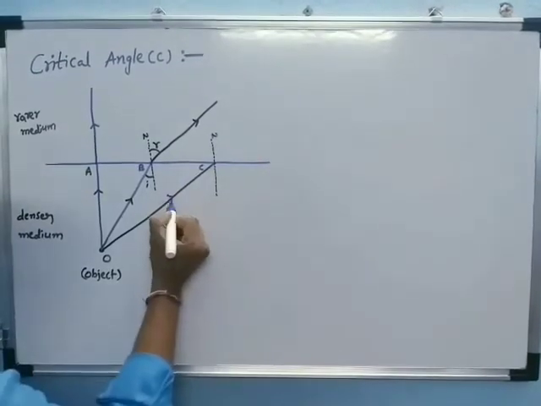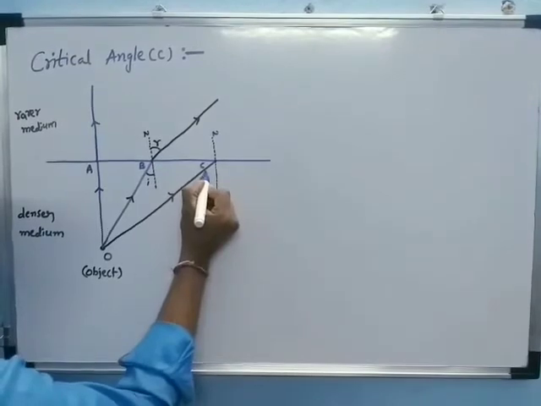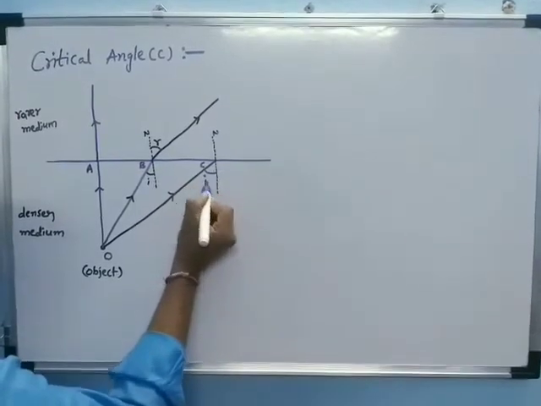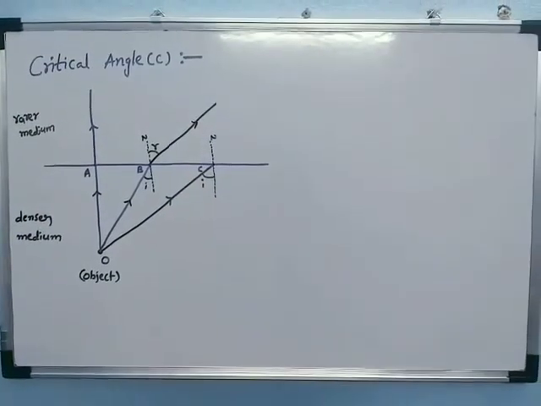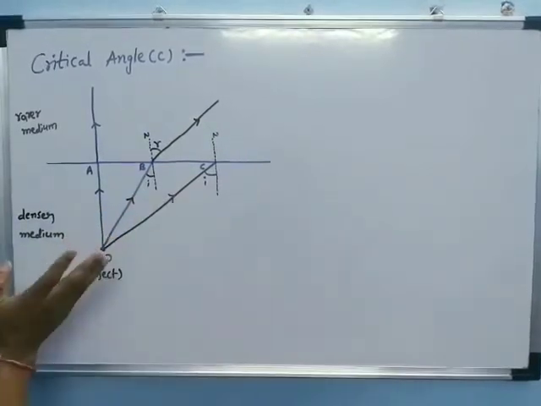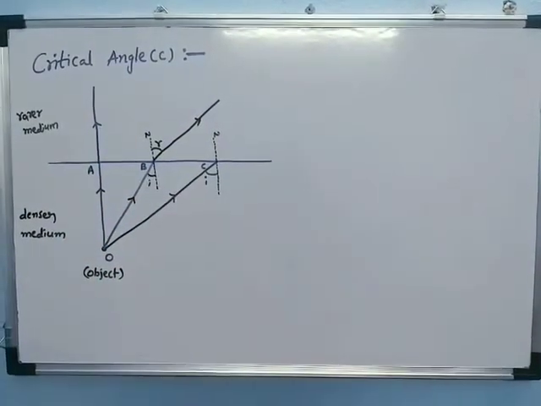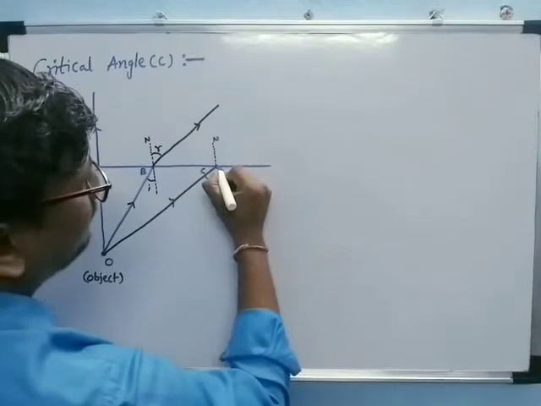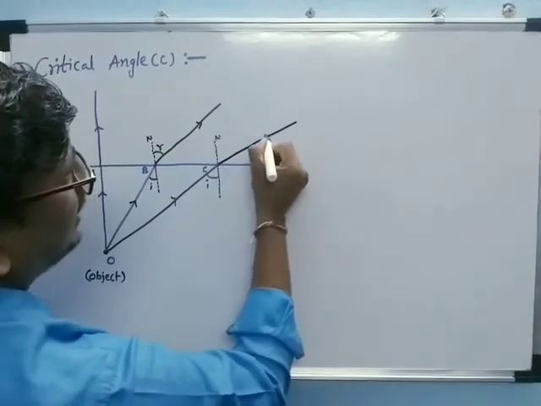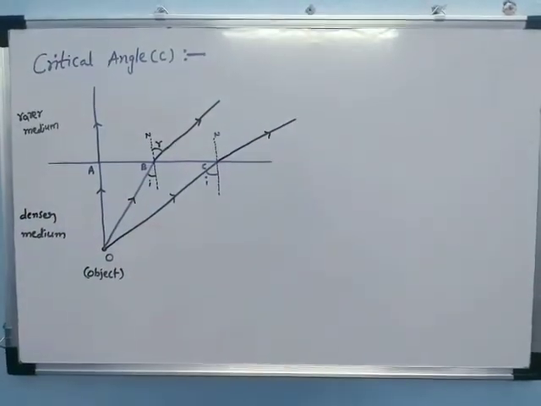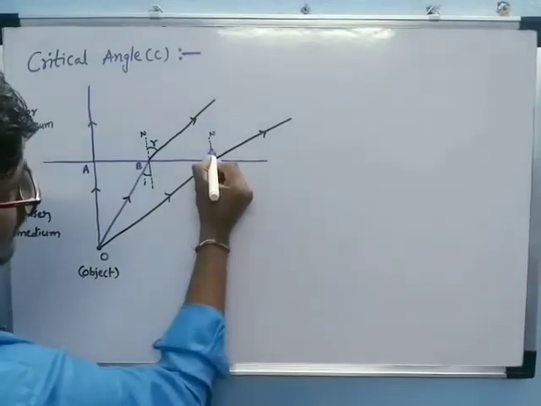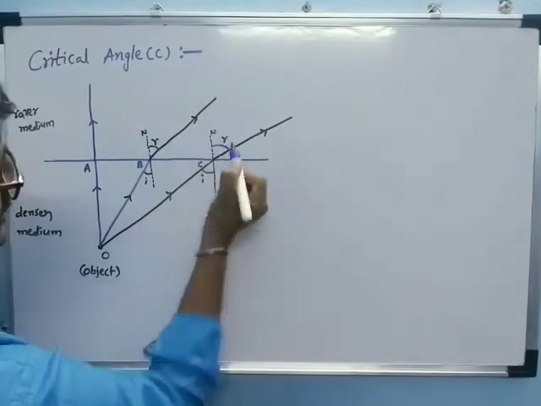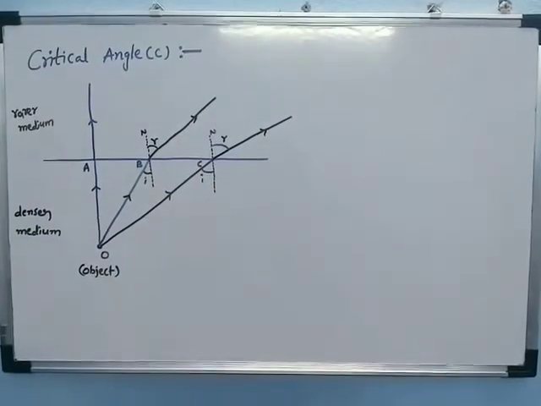The angle between this normal and the incident ray is the angle of incidence. As the angle of incidence increases, the angle of refraction also increases. This is the angle of refraction, r.